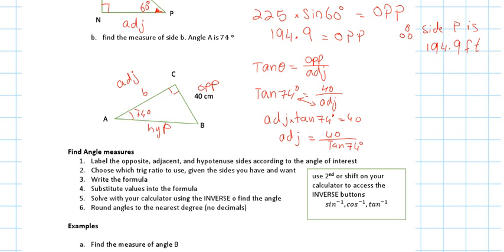But what I always tell my students is, if you're looking for the denominator, just switch spots. So the adjacent replaces tan 74, and tan 74 replaces the adjacent. So that's 40 divided by tan 74. Do you need to show me the middle step? No, you don't. You can skip right away from this step to the last step.